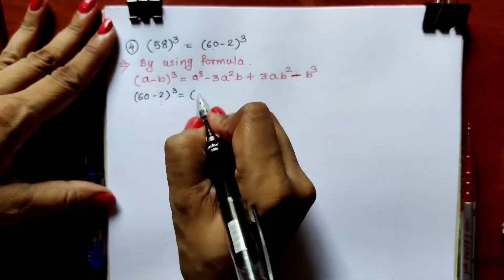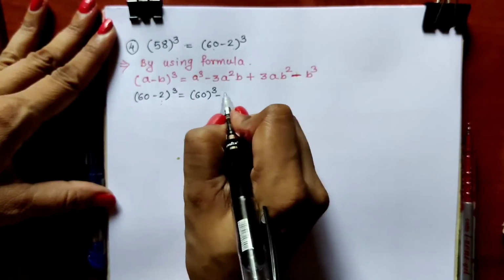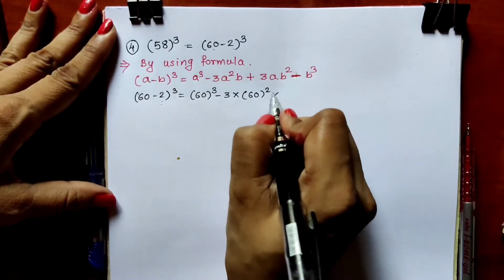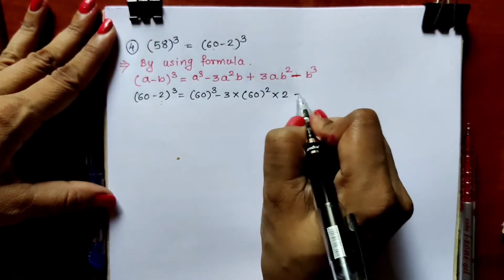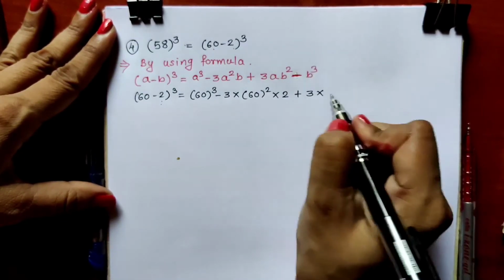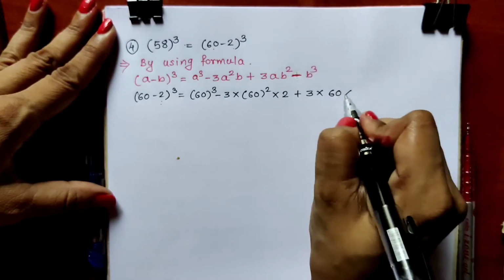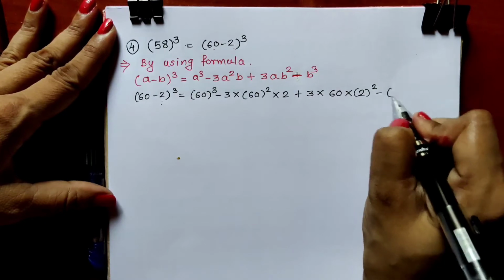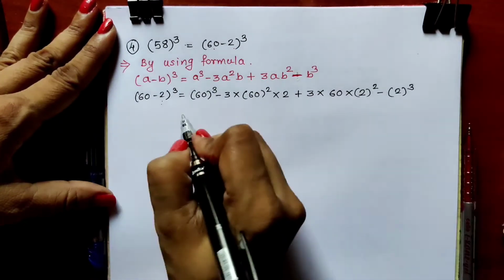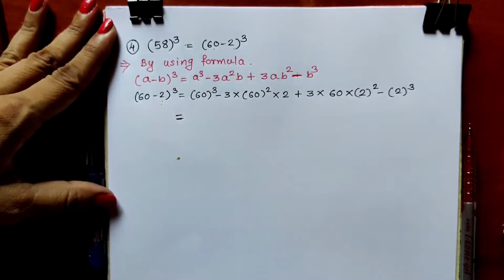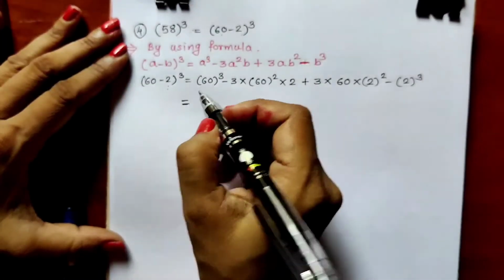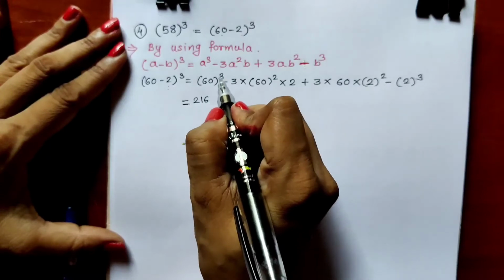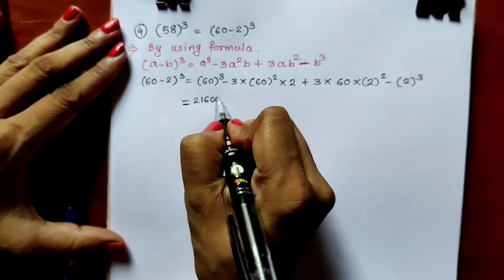So a cube means 60 cube, minus 3 multiplied by a square, which means 60 square, multiplied by b, which is 2, plus 3 multiplied by a, which is 60, multiplied by 2 square, minus 2 cube. Now let us do 60 cube. 6 cube is 216. 1 0 is there and cube is there, so in place of 1 0 we will be writing 3 zeros.